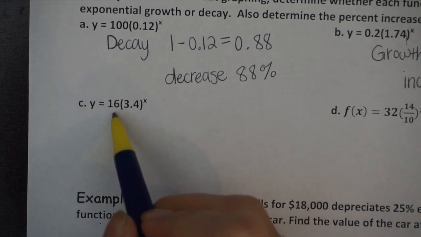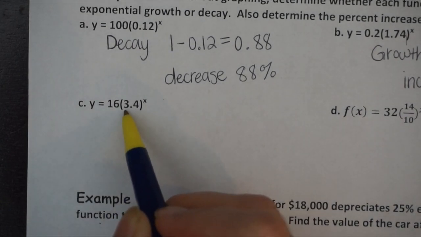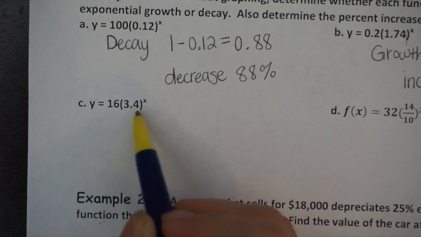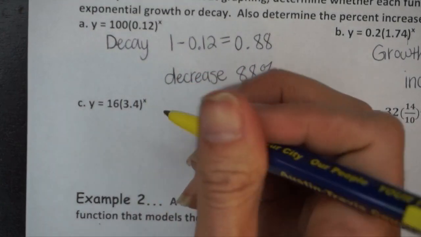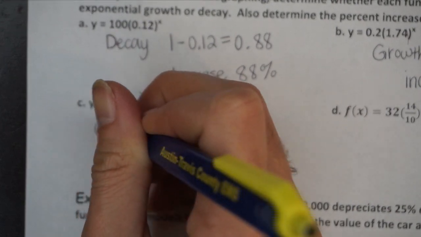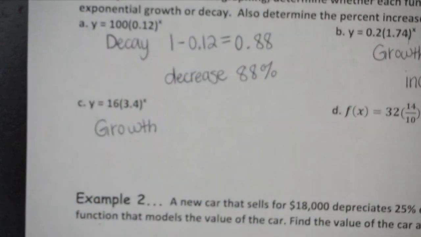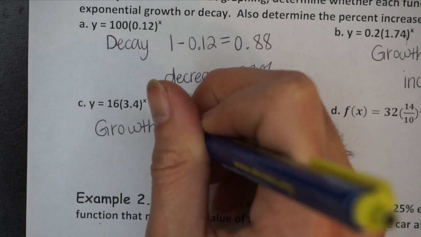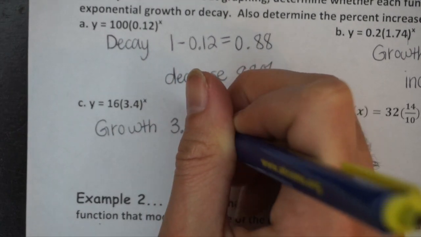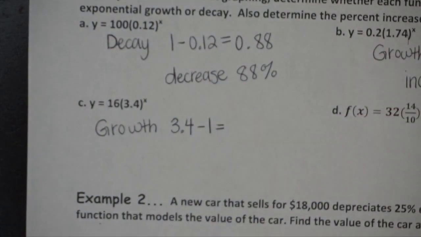Okay, moving on to example C. The initial value is 16. This one, wow, that is a big growth factor. It's obviously above 1. This is going to be exponential growth. Just like we did on the last problem, if it's growth, you take the growth factor and you subtract 1 to see how much bigger it is.